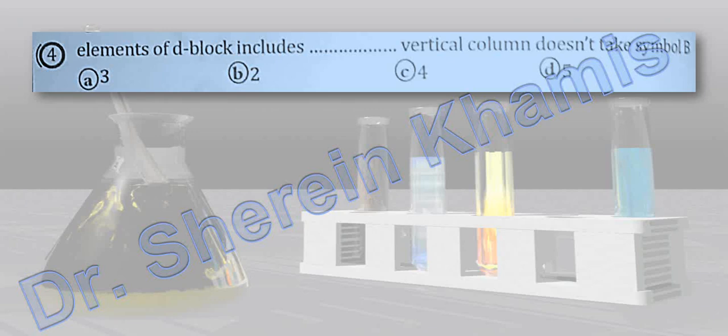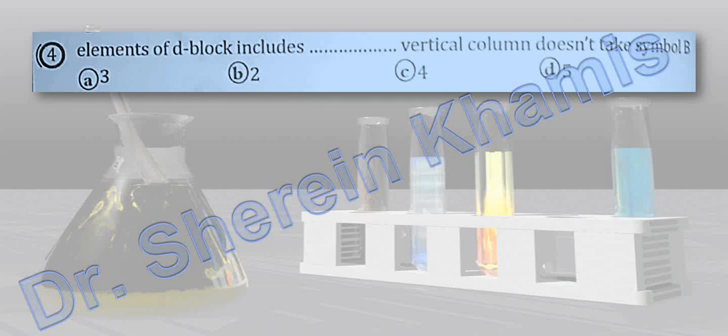Question number 5: the main transition elements end with which element, and it is located in which period? Along any transition period, at the end we have a kind of element.